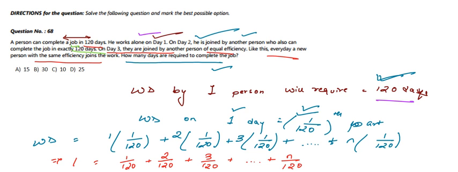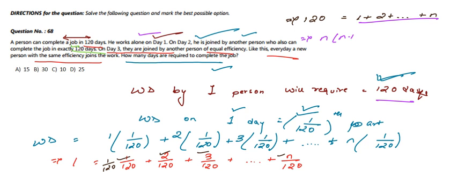We take 1 by 120 common from each of the elements, so we have 120 equal to 1 plus 2 plus dot dot dot till n. Here we have the sum of n terms, whose formula we know is n into n plus 1 divided by 2.